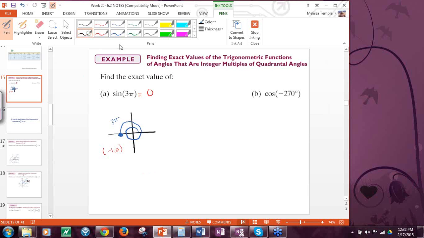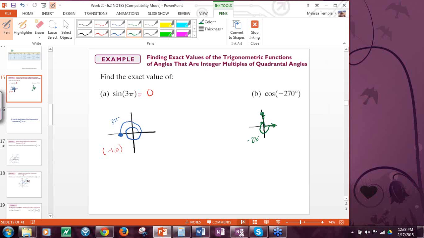Okay, let's look at another one like that. Cosine of -270 degrees. Now remember, we said negative means go clockwise 270 degrees. 1/4 turn is 90, halfway around is 180, three quarters of the way around, there's my 270 degrees, -270 degrees.